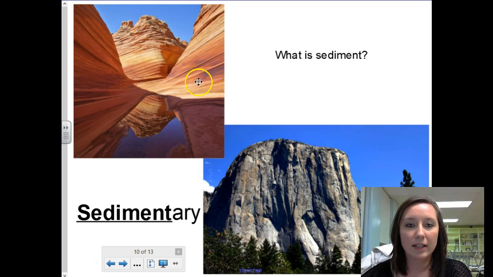So when we're looking at this, we are getting little tiny pieces of this rock, or bones or shells from animals that have died, or even plant remains. When we get them broken down into small solid little pieces, that's what a sediment is.